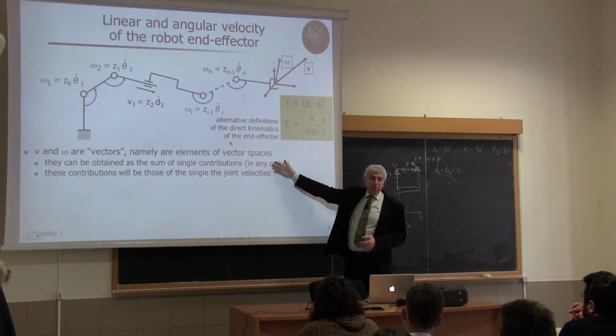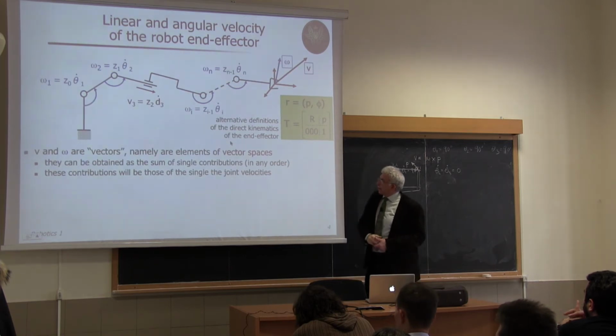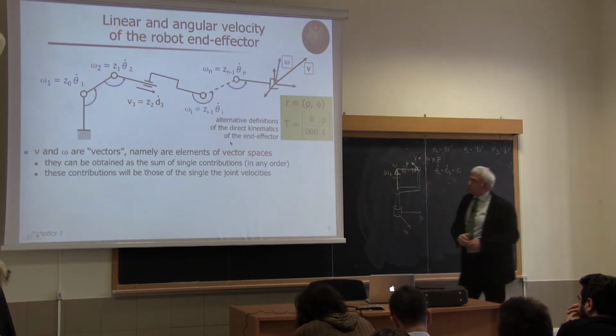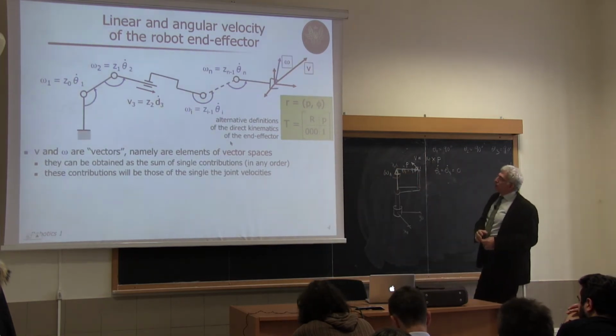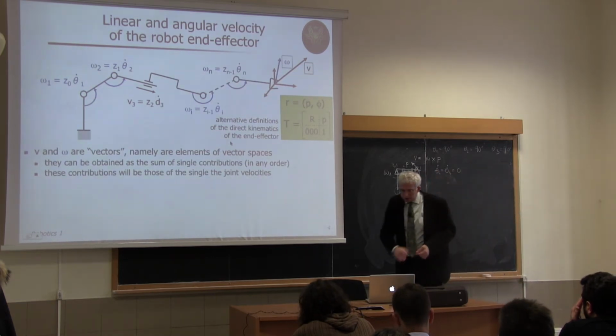If you sum them, you don't have any problem in ordering, whatever comes first, and the contribution for each joint can be summed in this way, no matter which is the sequence.